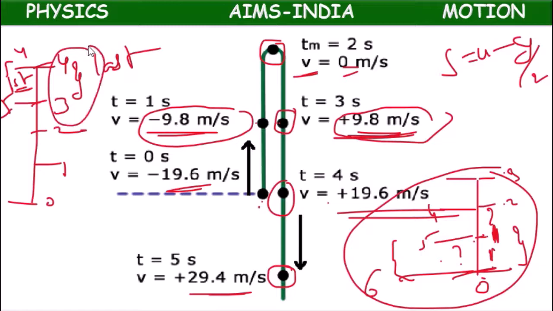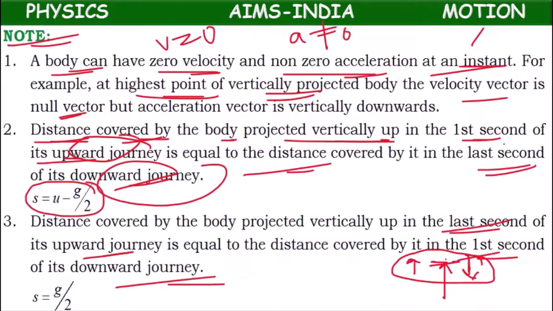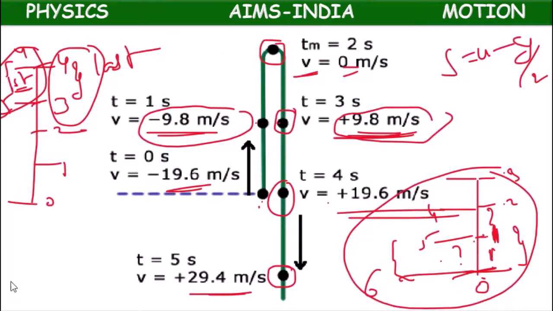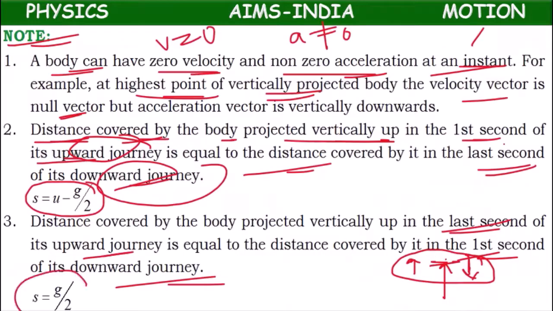They are also equal, but here the distance is calculated by the formula S equals g by 2. So if you remember these shortcuts, you can solve the problems easily, children. Keep all these points in note.